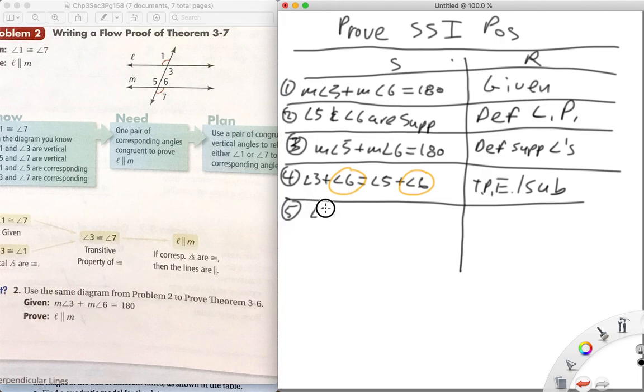Angle 3 is equal to angle 5. Subtraction property of equality. Then if they're equal, then they're congruent. That should be a measure.